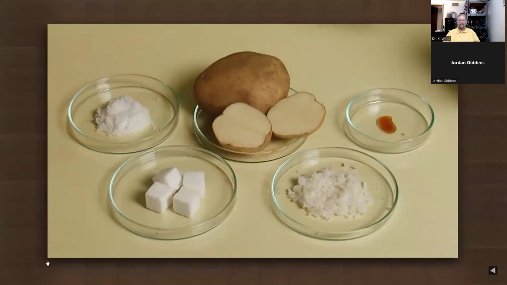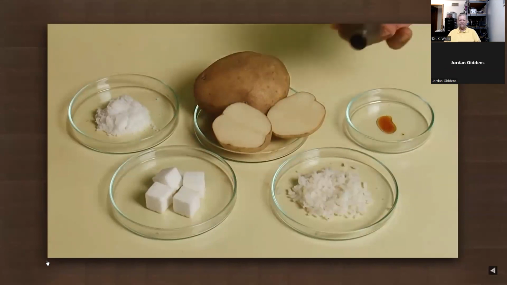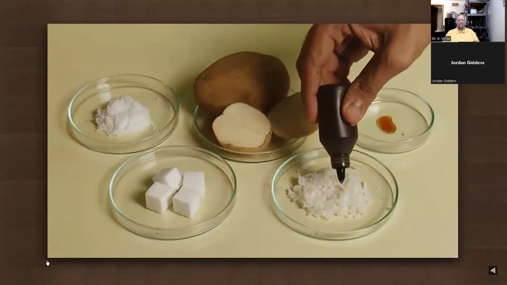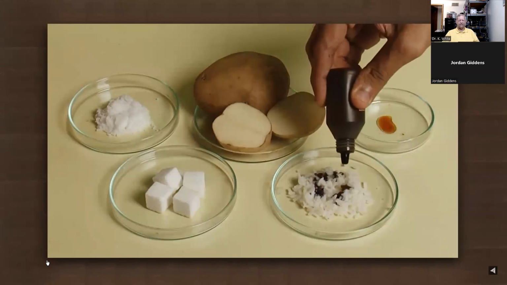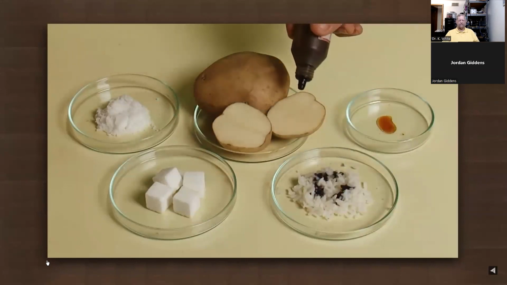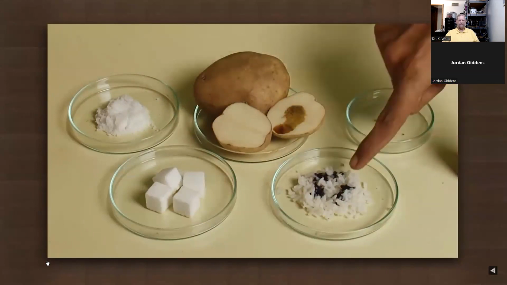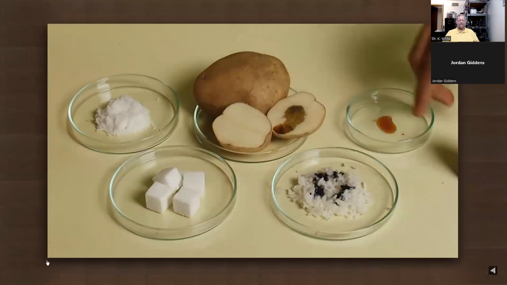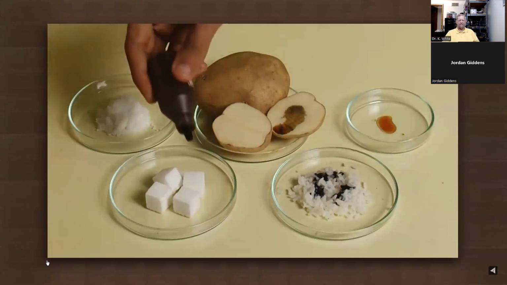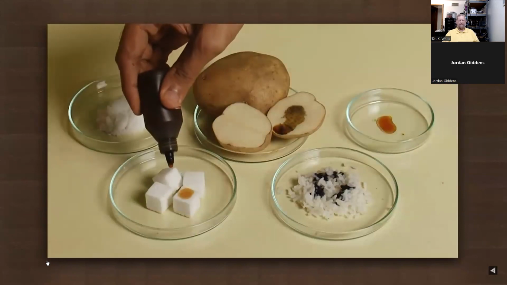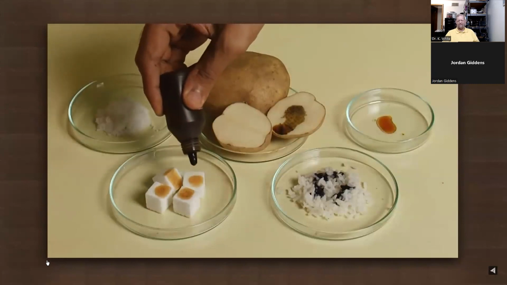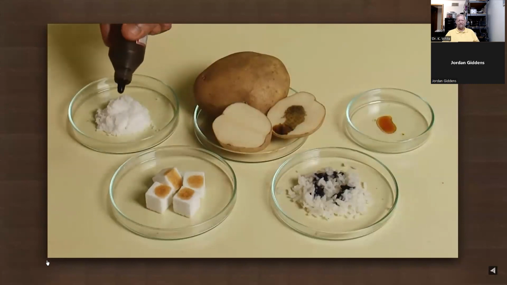Note the change in the color of iodine as it is put on the rice and potato. Both turn the iodine blue-black. Put some iodine on the sugar cubes. The color does not change.